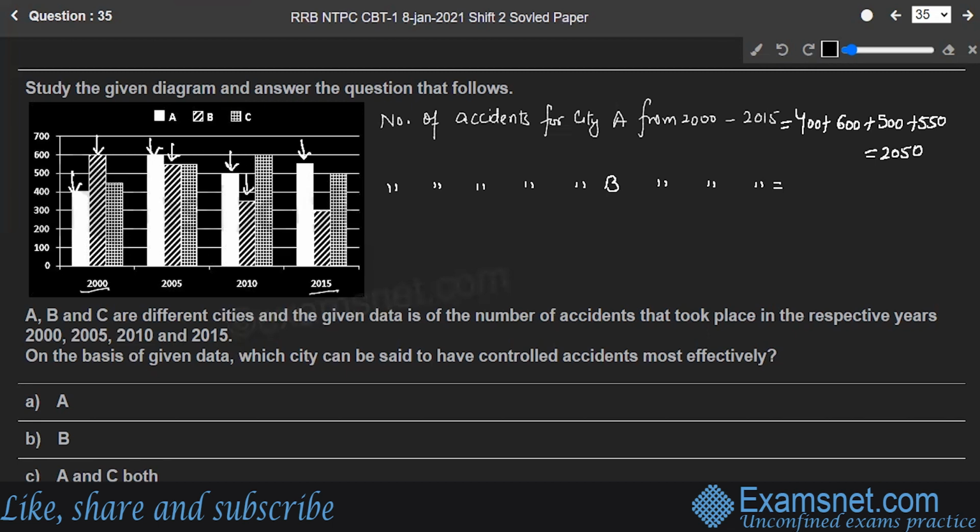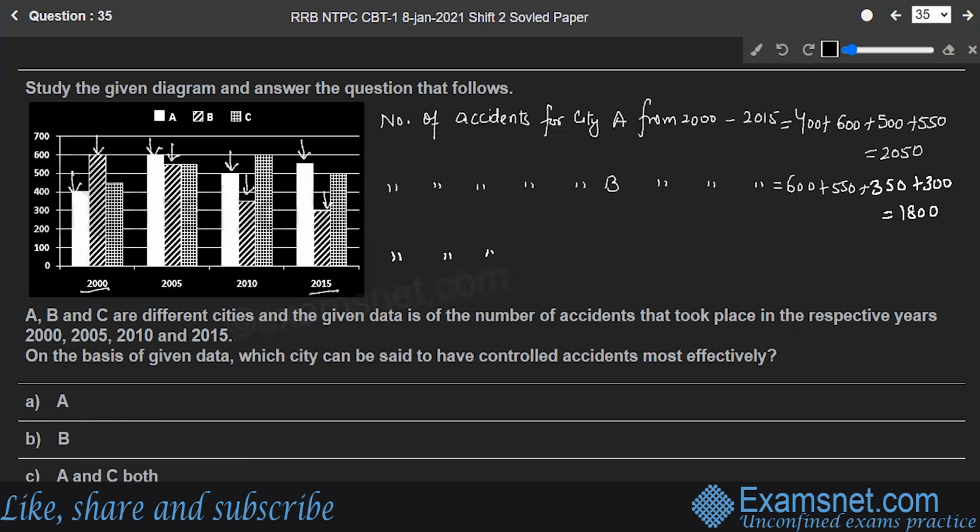Now, the number of accidents for city B from 2000 to 2015 is 600, 550, 350, and 300. Let's write down 600, 550, 350 plus 300, which is a total of 1800.